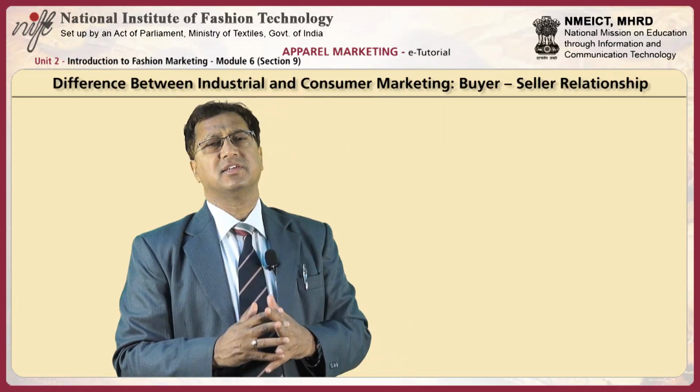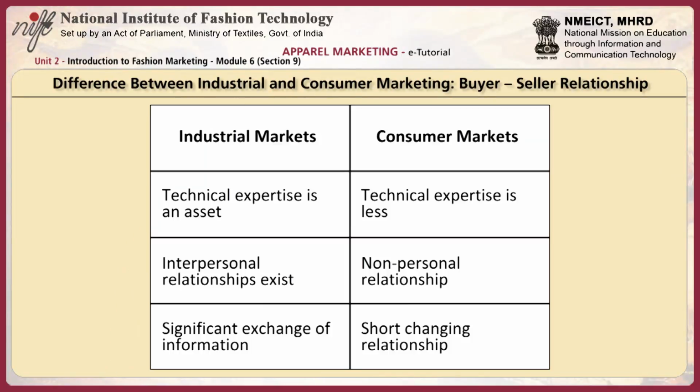When it comes to buyer-seller relationship, in industrial markets, technical expertise is an asset. The engineers, merchandisers, experts are hired by companies selling machinery, yarns, fabric, dyes, garments, etc. There is a lot of interpersonal relationship between the buyers and sellers.